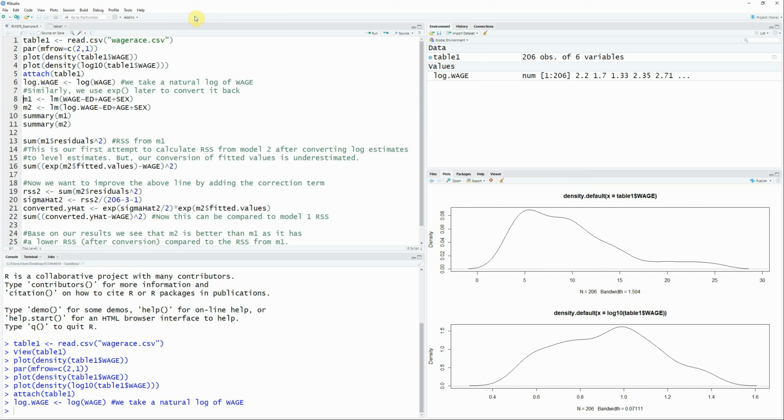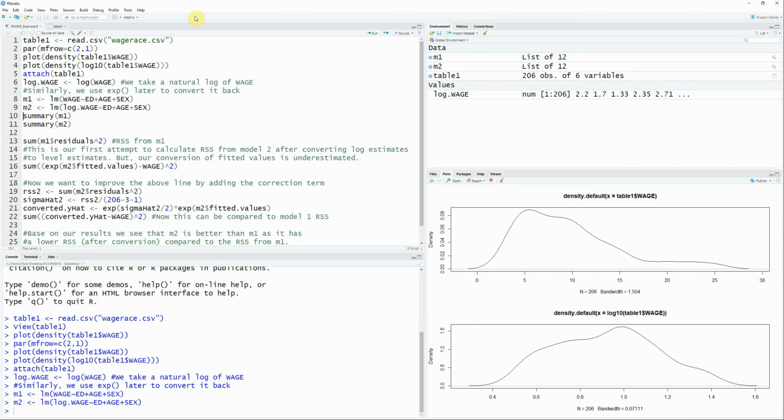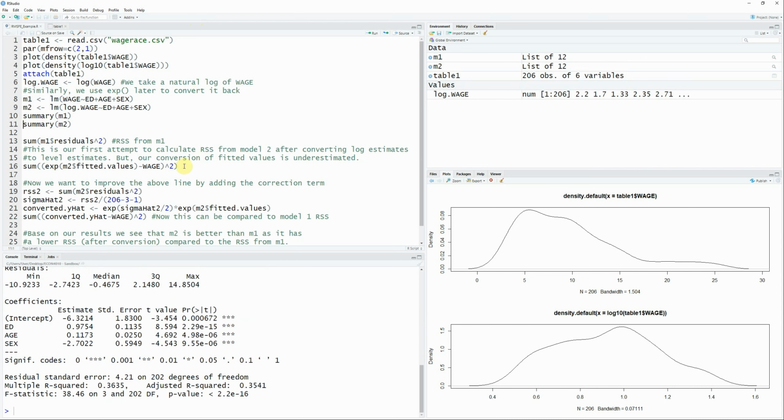Now I make two models. The first model uses wage as the left-hand side, and the other one uses log of wage, and both of them use the same variables on the right-hand side, that is education, age, and gender. Now we can look at the summary of our models. This is the summary of model 1, and you see that all variables are pretty significant. This is the best model that we came up with in our assignment.